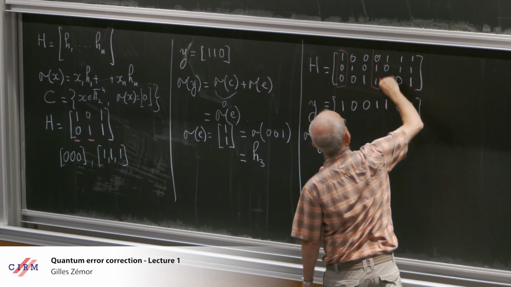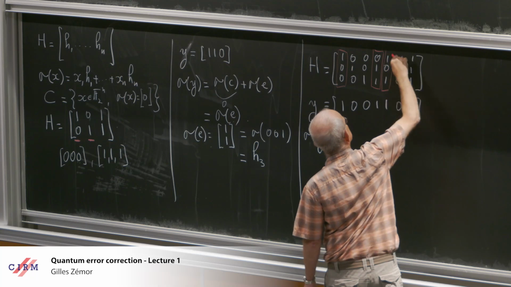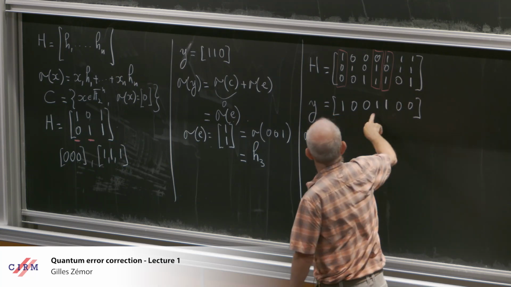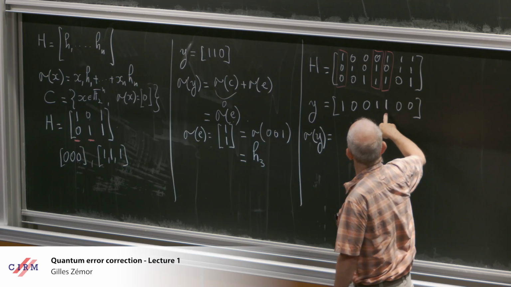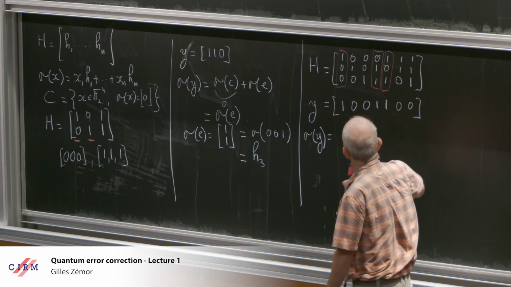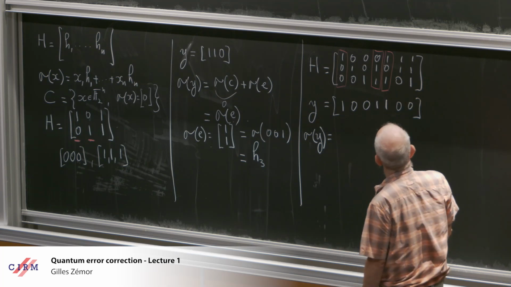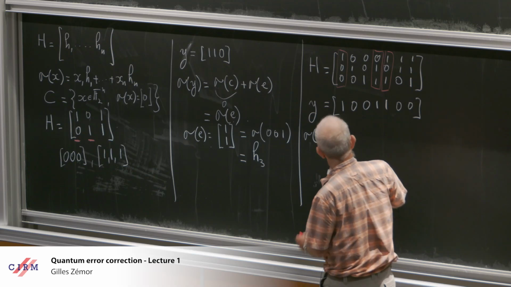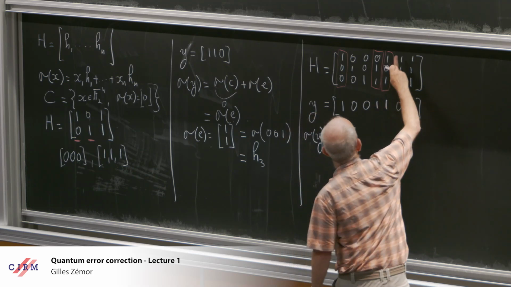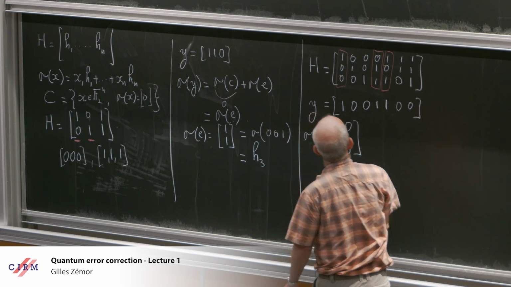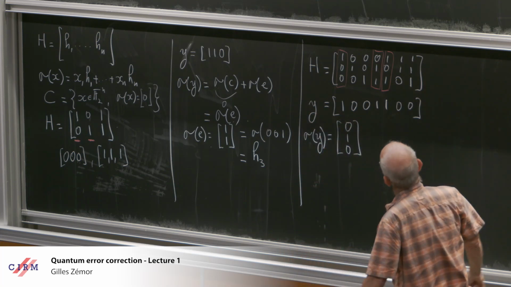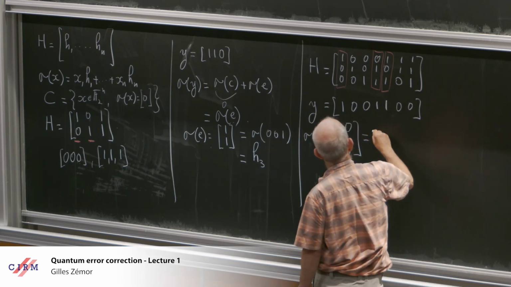It means you need to sum all the columns that correspond to positions where there's a 1 in the vector y. That's it. So you add them together and you see that you get 0, 1, 0, and you look at the matrix for the moment and you realize that this is H2.